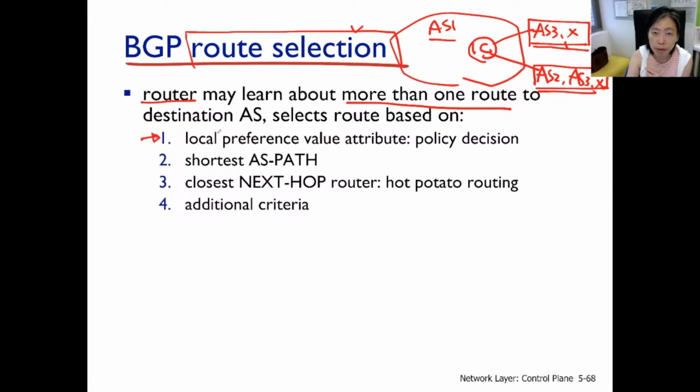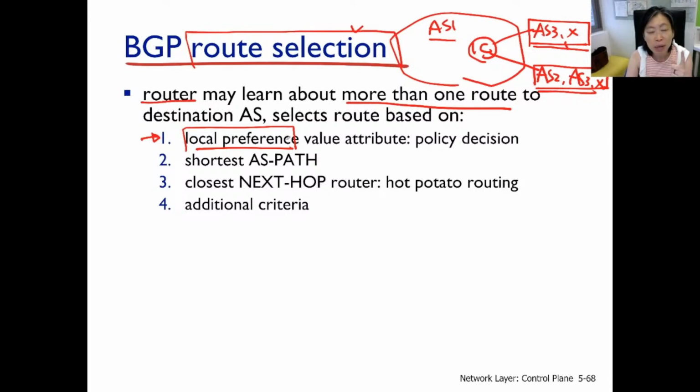Step number 1, check the local preference of these routes. So if you recall earlier, a route is what? Composed of the destination network's prefix and a set of these attributes. So we know that AS path is one attribute. Next hop is one attribute. There's one more attribute called the local preference. So this one actually weighs the highest.